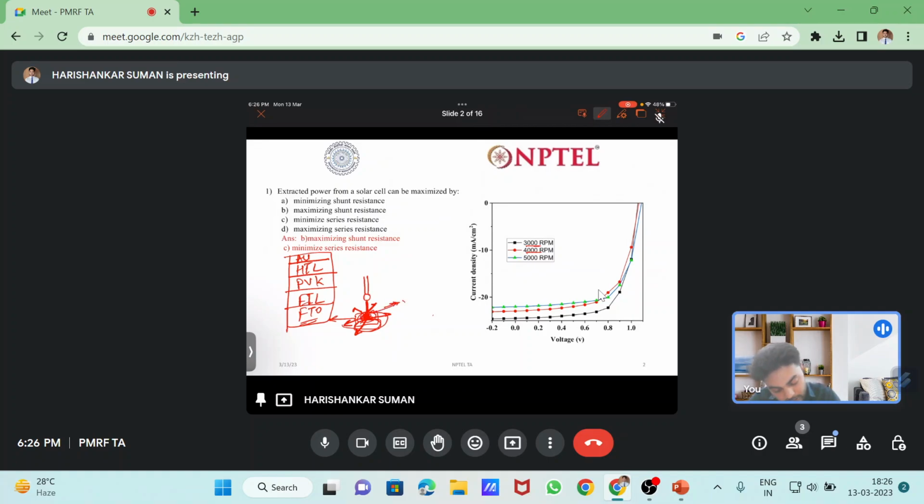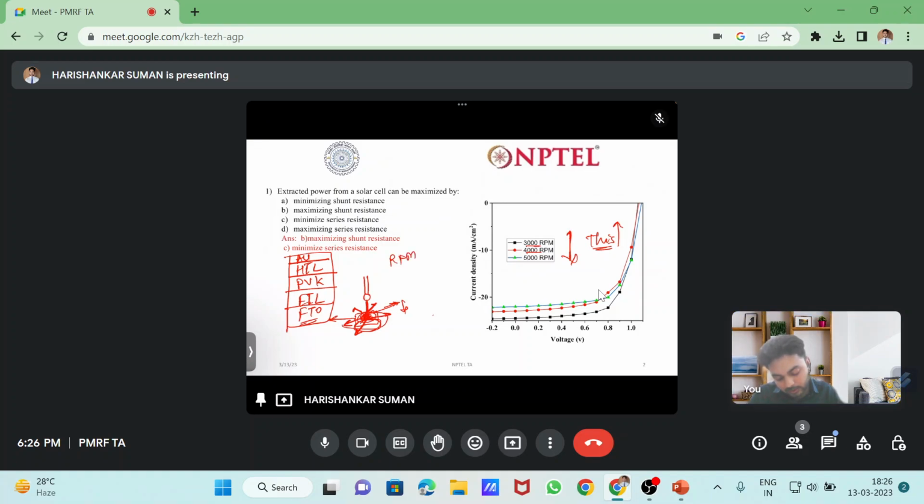So if RPM is increased, the thickness of the coating of the solution will decrease. Thickness is inversely proportional to RPM. If RPM is max, then thickness will decrease.